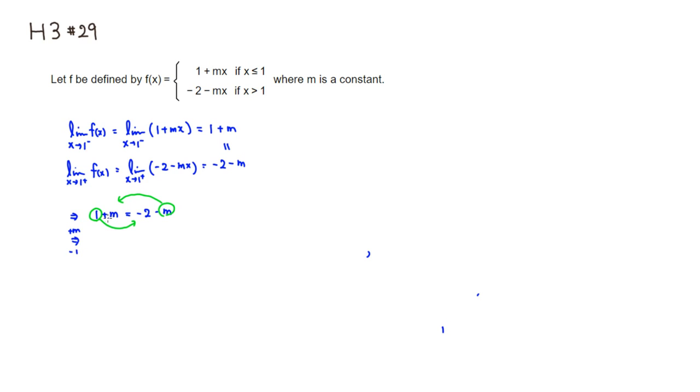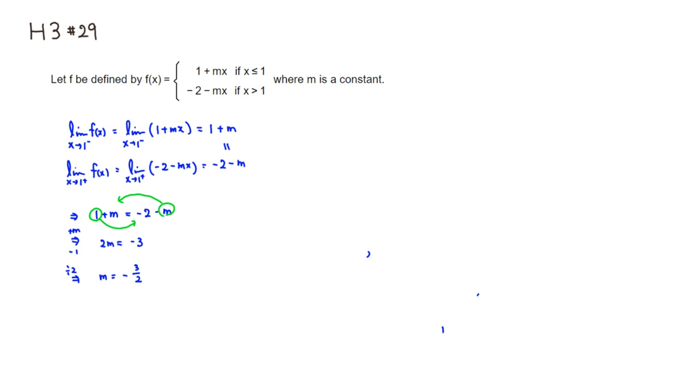Adding m to m gives 2m, and subtracting 1 from both sides gives negative 3. Then divide through by 2. So m is supposed to be negative 3 over 2 to have the same left-hand limit and right-hand limit.